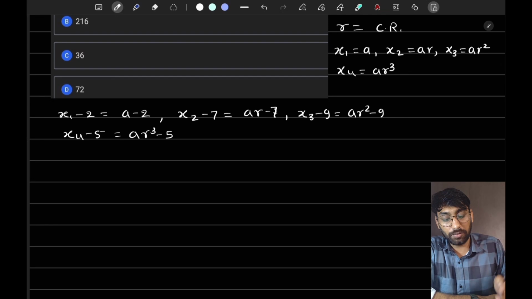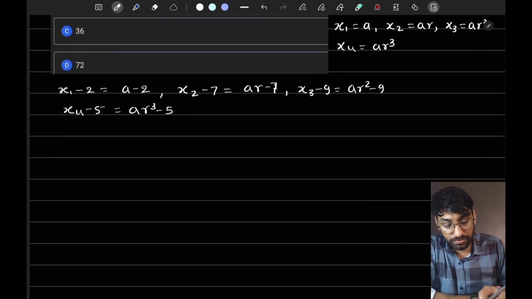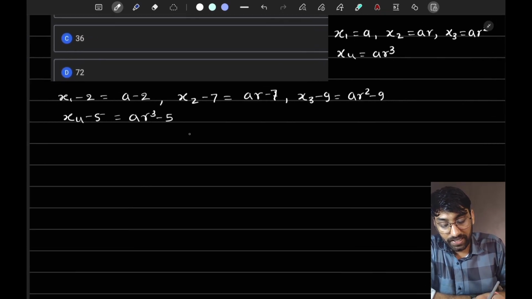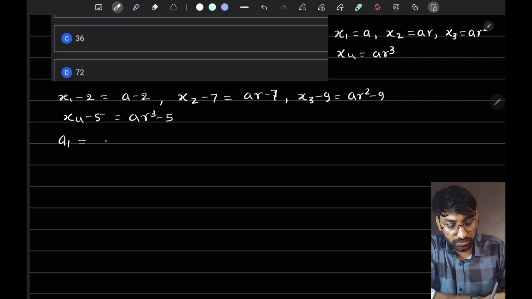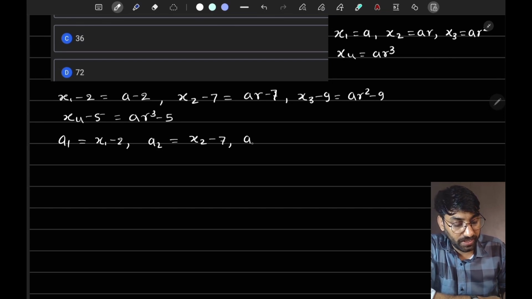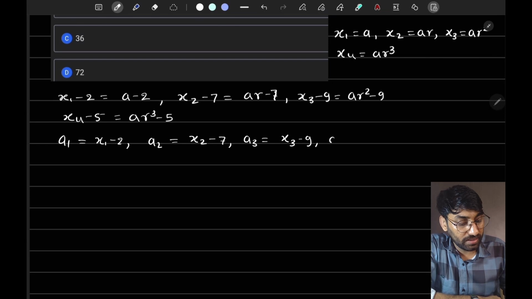So I will assume that A1 is nothing but my x1 minus 2, A2 is nothing but my x2 minus 7, A3 is nothing but my x3 minus 9, and A4 is nothing but x4 minus 5.